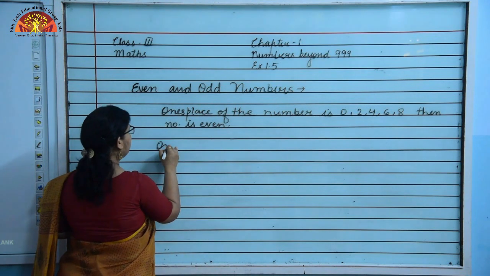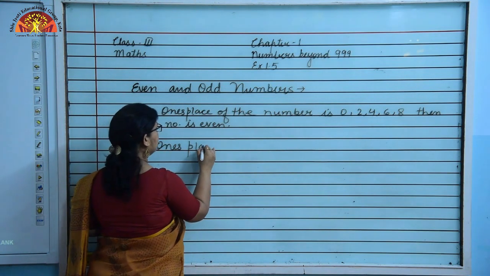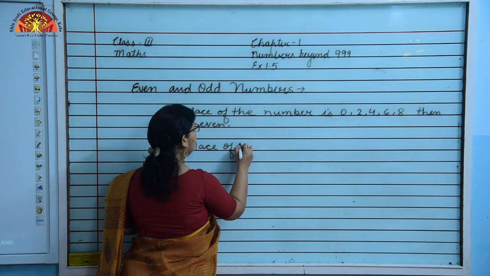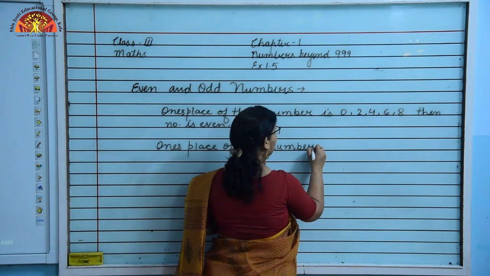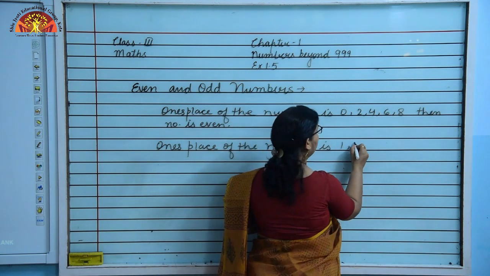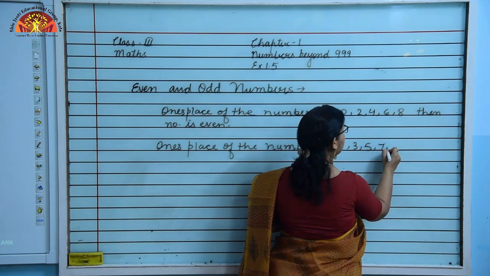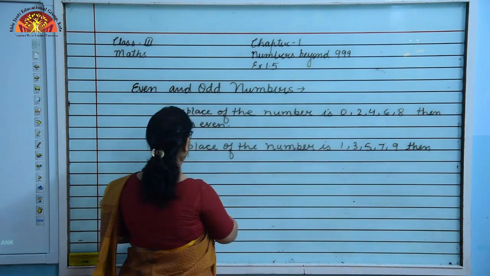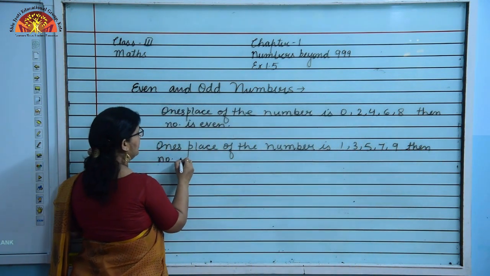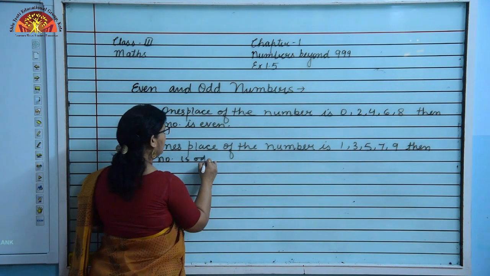And if ones place of the number is 1, 3, 5, 7 and 9, then number is odd.